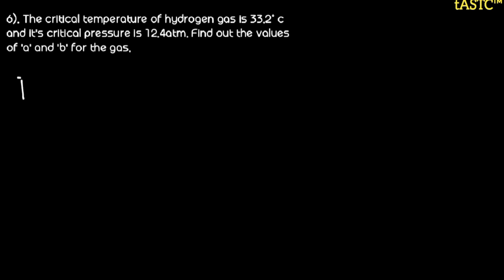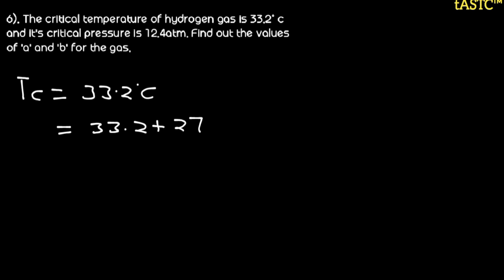Now the critical temperature T sub C is equal to 33.2 degrees Celsius. So we need to change this to Kelvin. So that is going to be 33.2 plus 273.15. So if we add this, this is going to give us a 5, and here we're going to have a 3, and a 6 here, that is going to be a 0 and a 3.